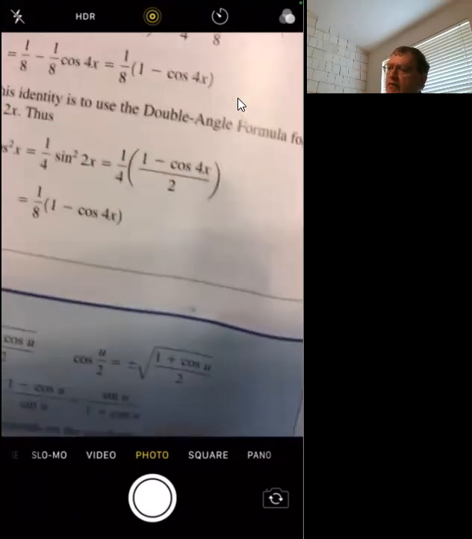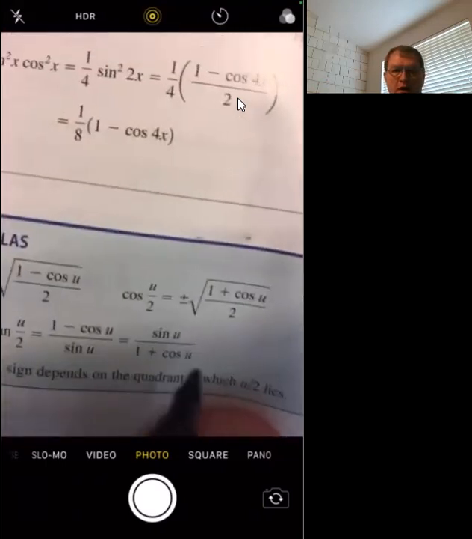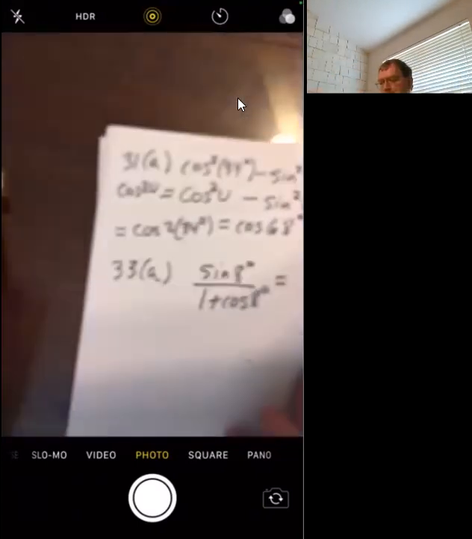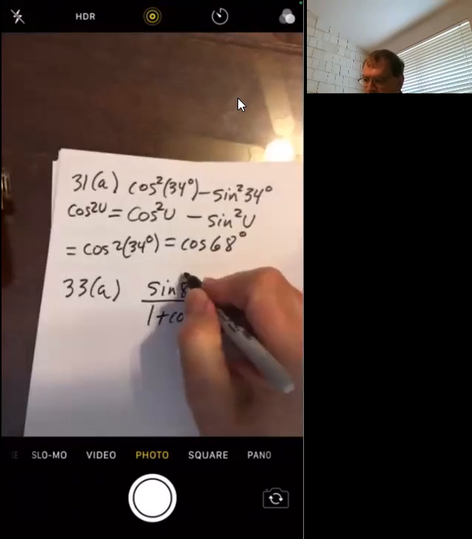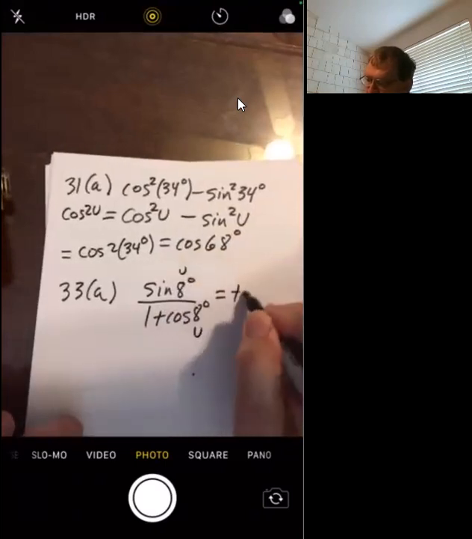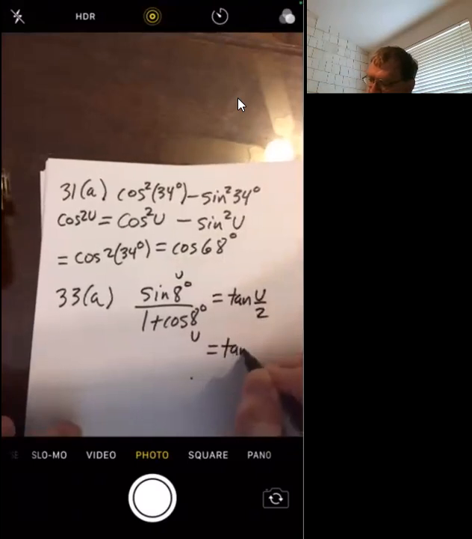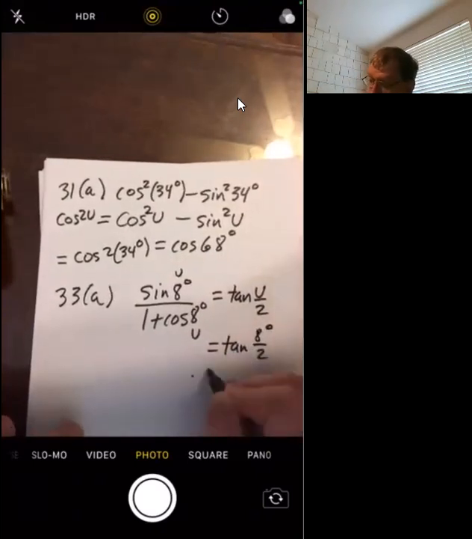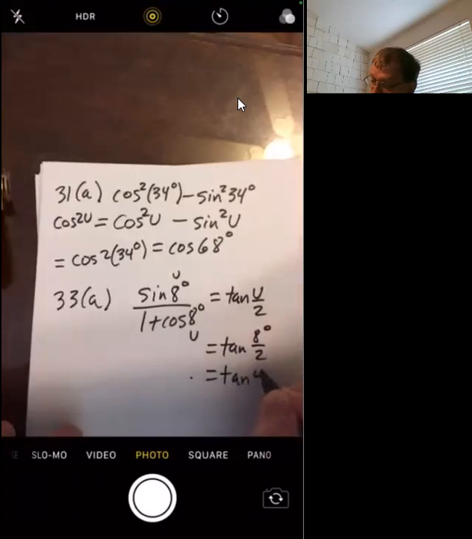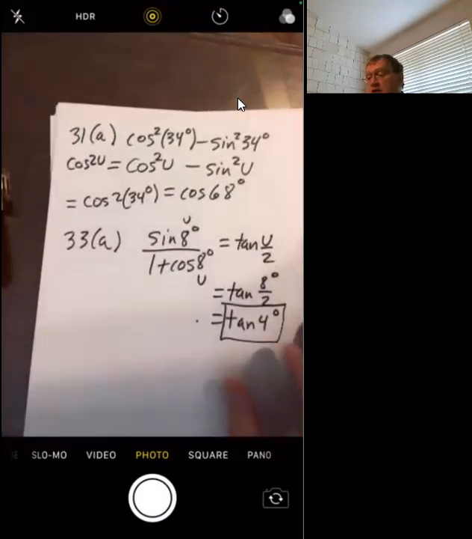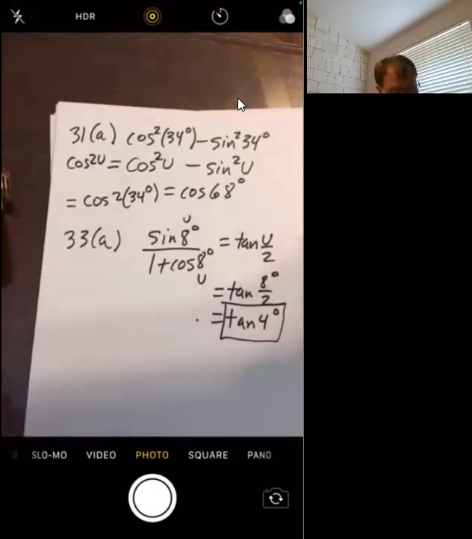Sine over 1 plus cosine, where u is 8 degrees, so it'd be tangent of 8 degrees over 2, which is tangent of 4 degrees. Which again, that's the exact expression for it. You punch it and get the decimal.